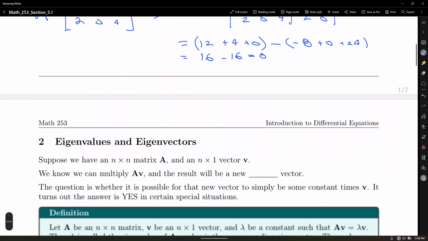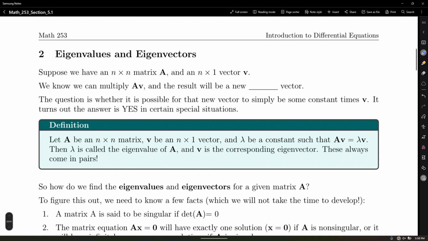Okay. So now let's talk about these so-called eigenvalues and eigenvectors. Right now I'm going to be technical with the definitions, but what they represent, and even applications, I'm going to mention at the end of the section.